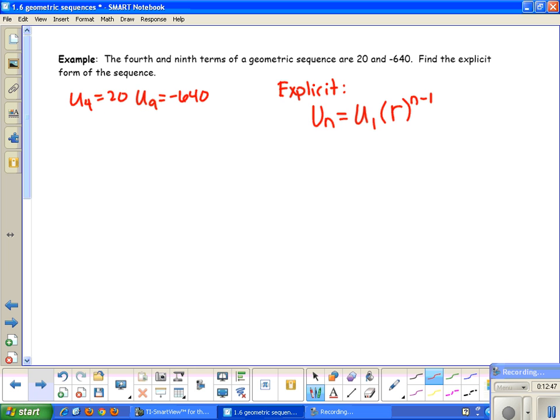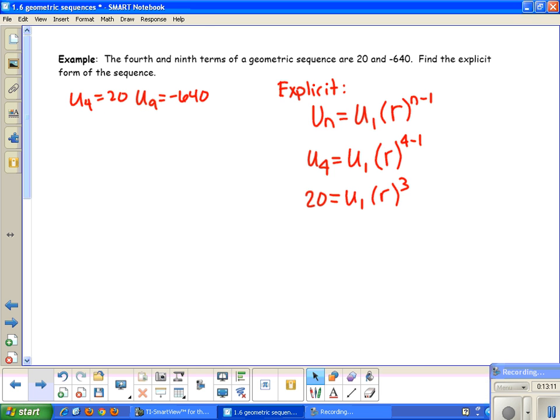So for example, if I wanted to do u sub 4, u sub 4 would be equal to my first term, which we don't know, times r, which we don't know, to the n minus 1, so this would be 4 minus 1. So the fourth term we know is equal to 20. So 20 equals my first term times r to the third power.